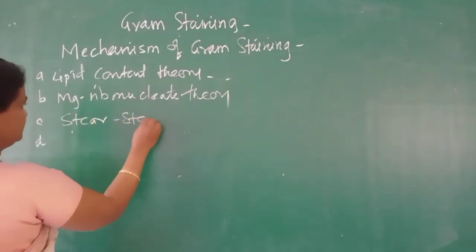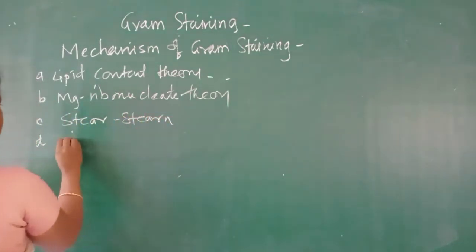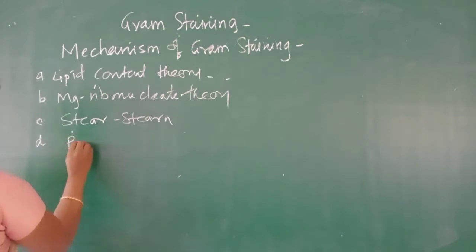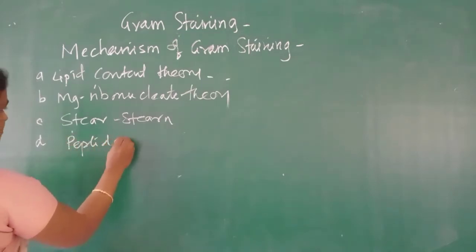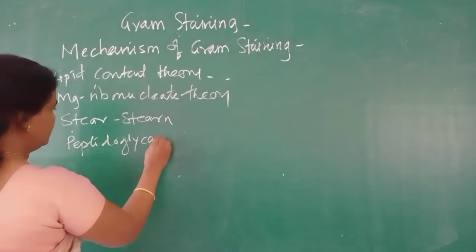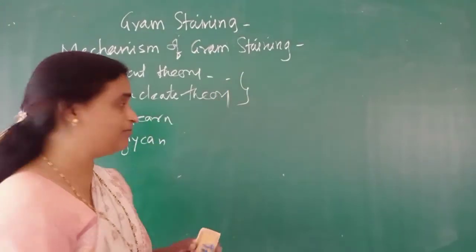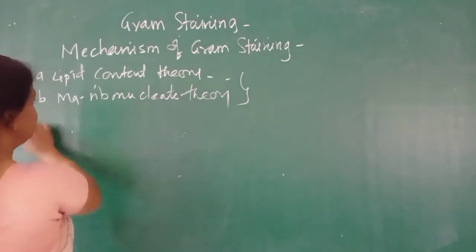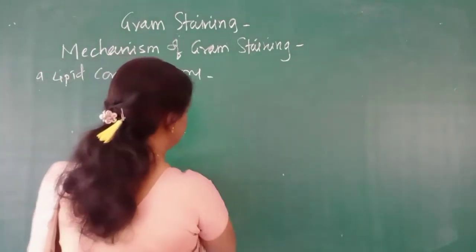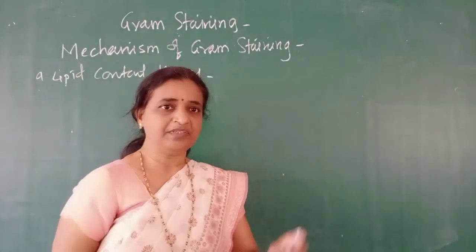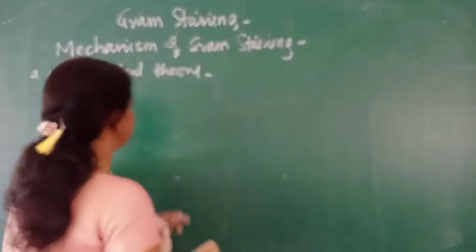And fourth is peptidoglycan theory. In this particular lecture, we will go in detail about the first two mechanisms of the gram staining, and that is lipid content theory and magnesium ribonucleic theory.